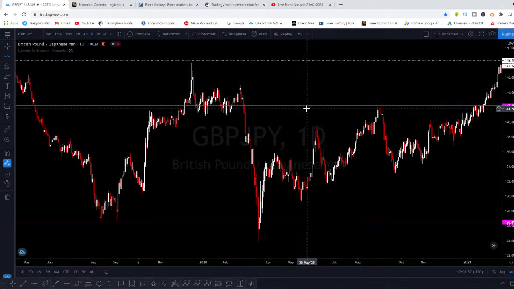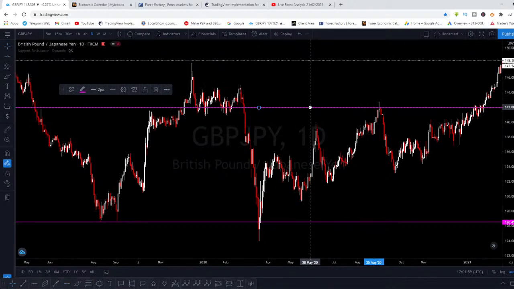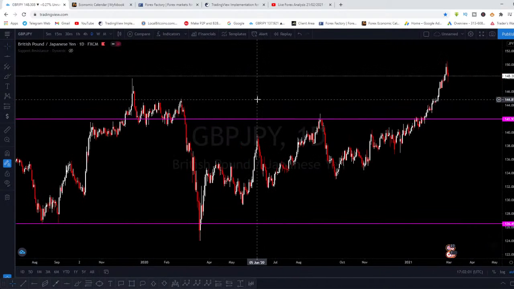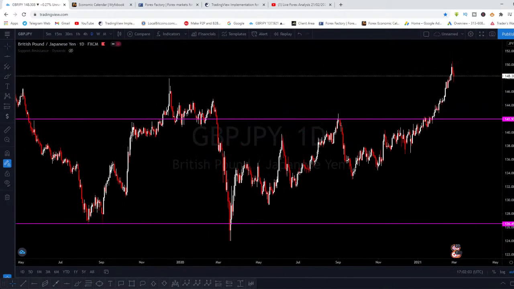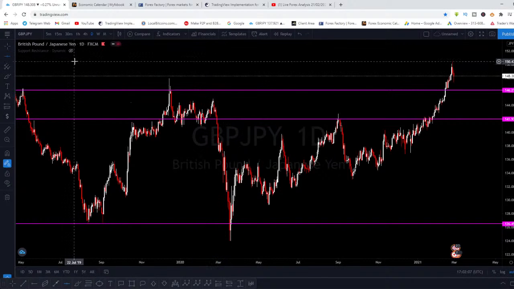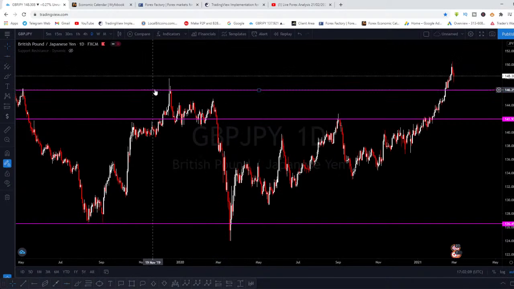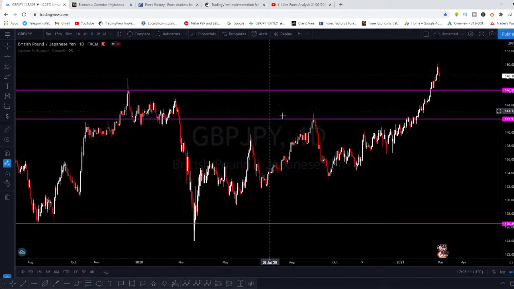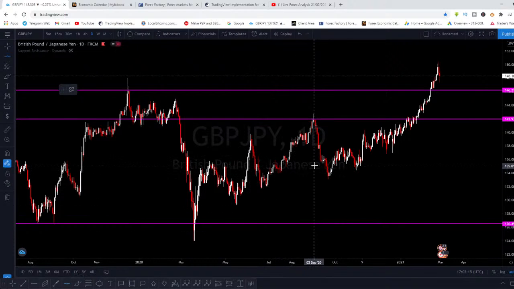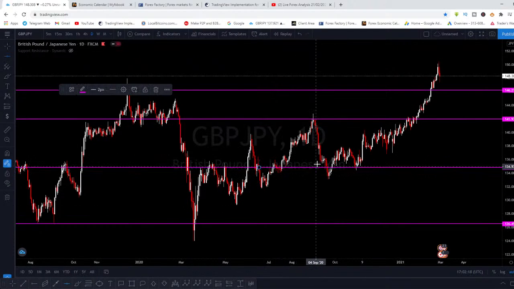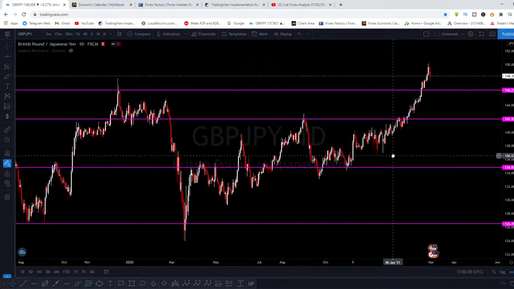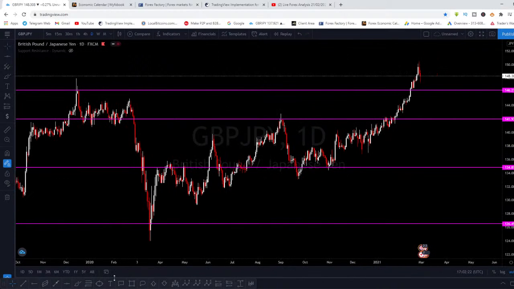So let me mark this level out so that it will serve as our key zones. All right, guys. I'm seeing another level around this. Now we'll go back down to, okay, this is the daily time frame.